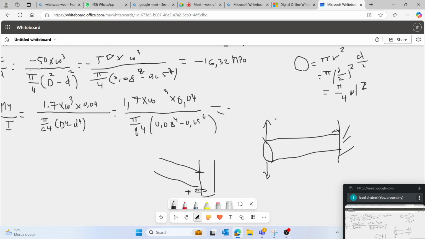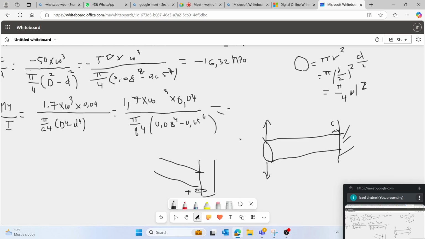Since the force is pulling this up, on the top it is going to be compressive, a negative, and at the bottom it is tensile. So we're going to have two answers, one that is negative and one that is positive.